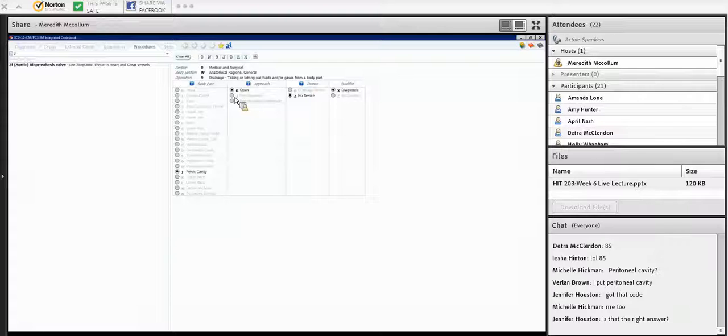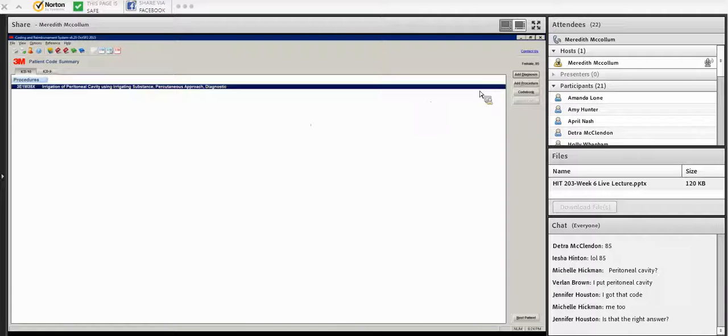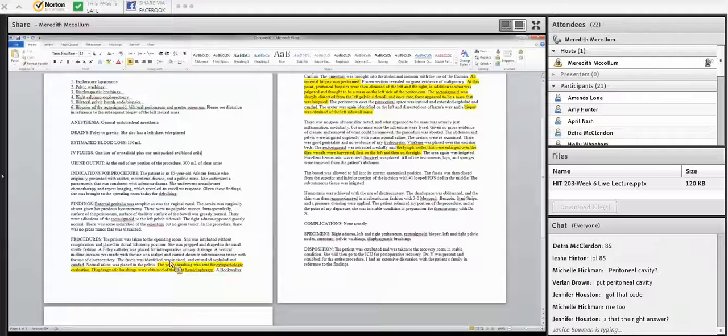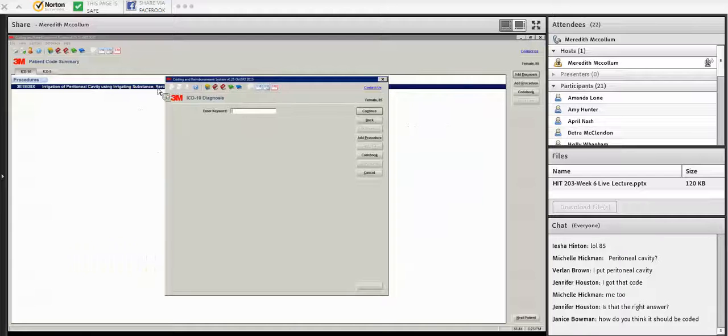Again, the right answer is, well, I'll have to take that up with the other professors, but I don't think that the answer that they provided is correct, because if you look at the operative report, they're just washing it out. So how do I think it should be coded, Janice? I think it should be coded like this, but that's just my opinion.